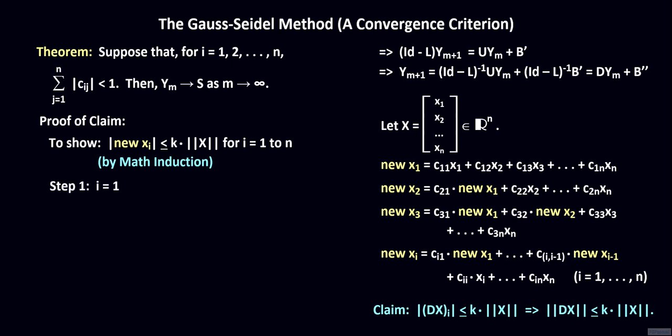For i equals 1, applying the triangle inequality to this equation, the absolute value of the new x sub 1 is less than or equal to the left side, where we apply the absolute value to every term. Each x sub i absolute value is less than or equal to the norm of x, since the norm of x is the maximum absolute value of all the x sub i's.